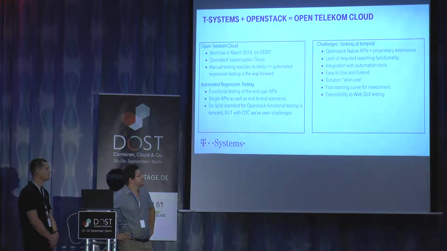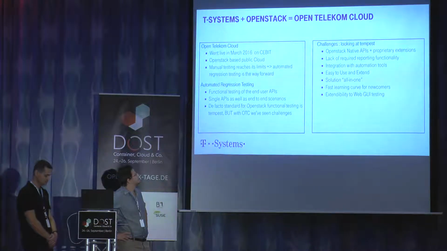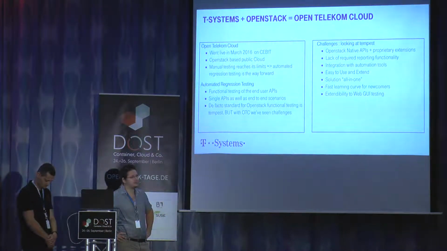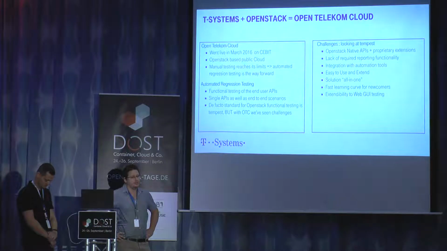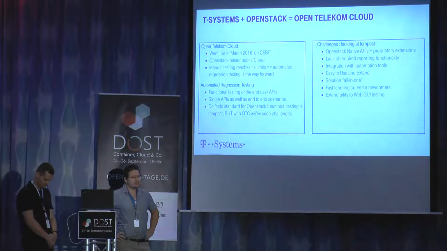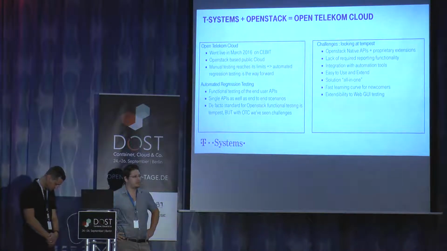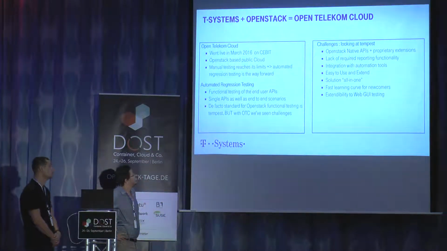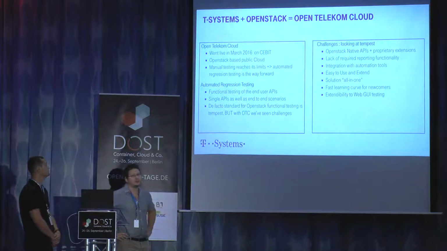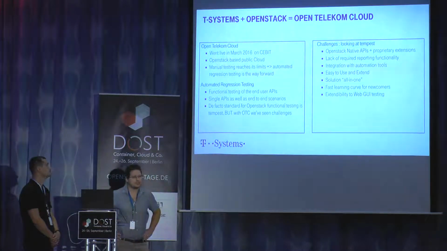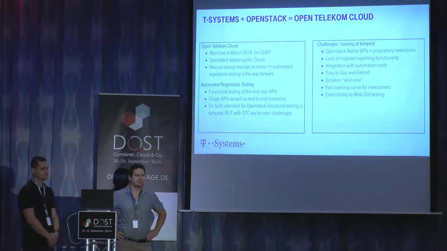That was also the main reason why we realized that manual testing is not sufficient anymore, and we really need to have proper automation in place. So our main focus in automated regression testing is to do functional testing of end-user APIs.